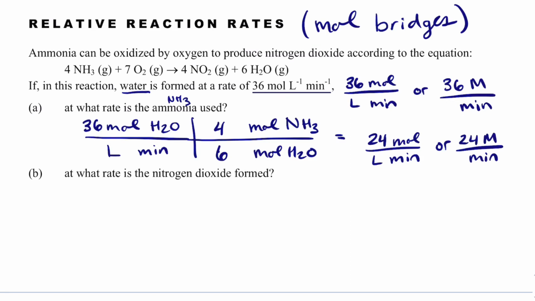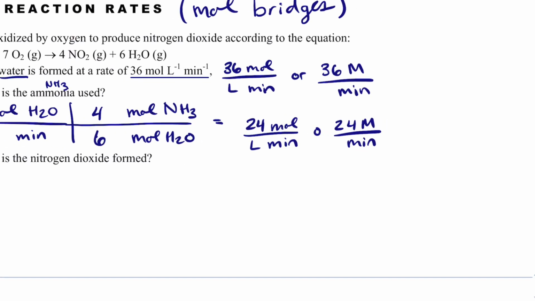But what might end up happening on the AP test is that this could end up being negative. So you're not wrong if you say 24 molarity per minute if you say used.